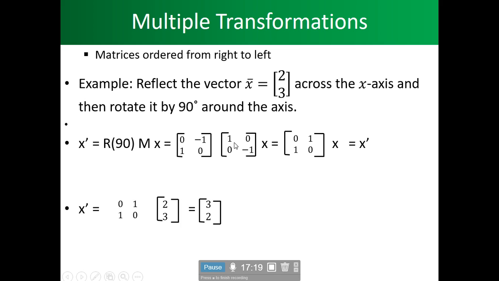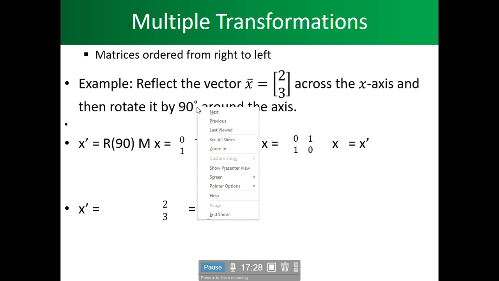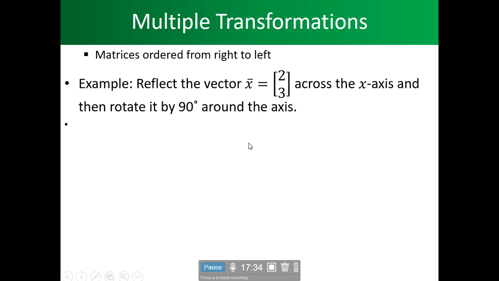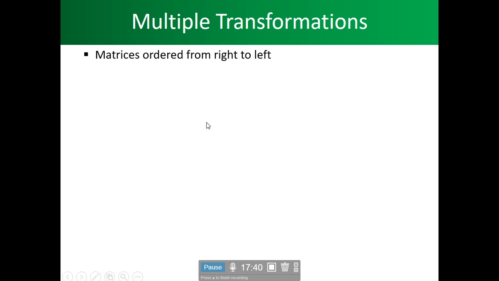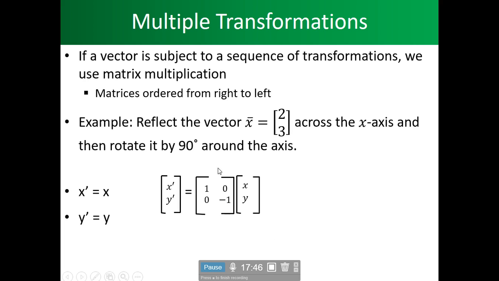Now this was the answer that we got on the last page. Let's see if we can go back so you can see it. All right, this is what we have. All we did was take the reflection of (2, 3), and now it's going to be rotated.